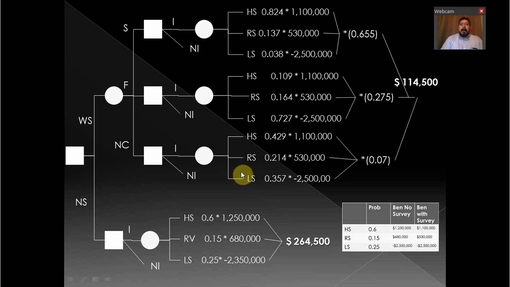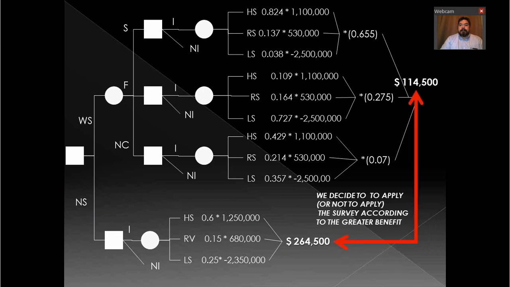When we do the same for the lower part of our tree, the part where we do not apply the survey, we get a benefit of 264,500 pesos. We compare the two benefits, and we can decide to apply or not to apply the survey according to the greater benefit.